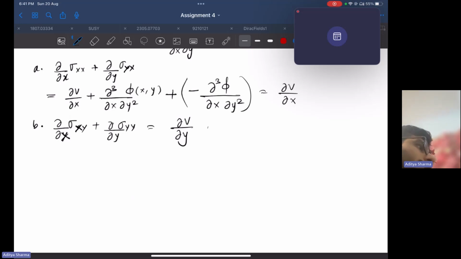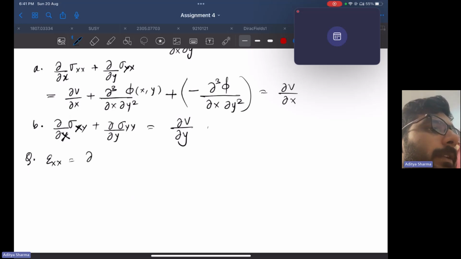Now we will show that the most general strain is given as epsilon xx equal to del ux by del x. Ux is the displacement along x direction from when the stress has occurred. This is the small displacement along x direction, and it is a function of all the other coordinates also.